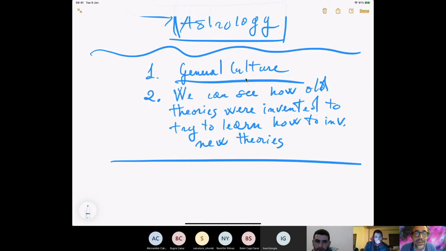We are a little bit like the pupils of Michelangelo. You can only enter the shop of Michelangelo and see how he is building statues or painting frescoes. You can try only to see how our maestri learned how to build theories.